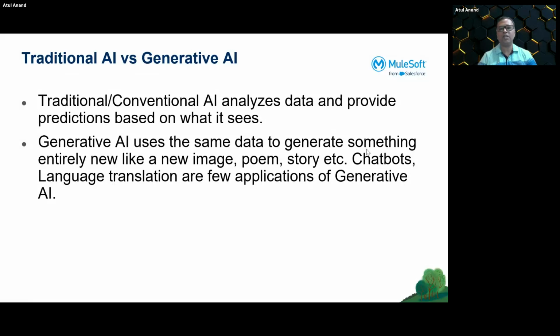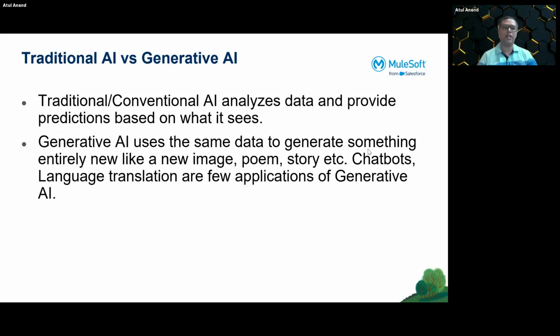As in the example I mentioned, suppose we train the model with lots and lots of images of cats and dogs, of different colors, sizes, and varieties, the breeds of cats and dogs. Depending on that, the model creates the pattern, and whenever we present a new image to it, it is able to predict based on what it has been trained against.